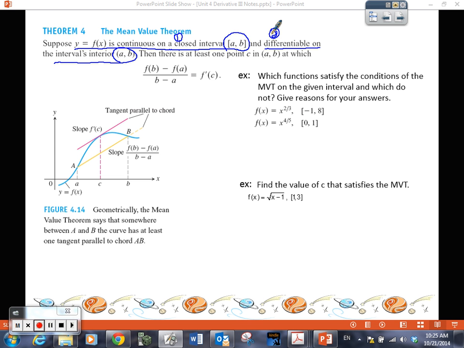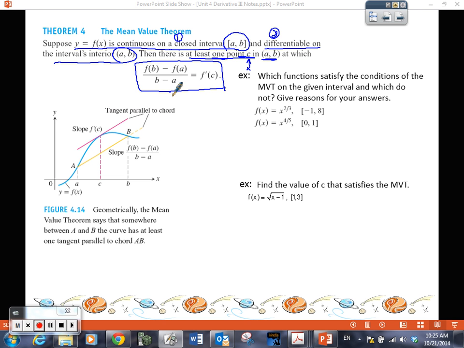So let's look and see what that gives us. Well, that's great. If those two things are true, then we are told that there is at least one point c, which of course means the x value. There's at least one x value in this open interval where this little guy right here is true. Okay, pretty important. Let's talk about what that means. This over here on the left side you should recognize, right?